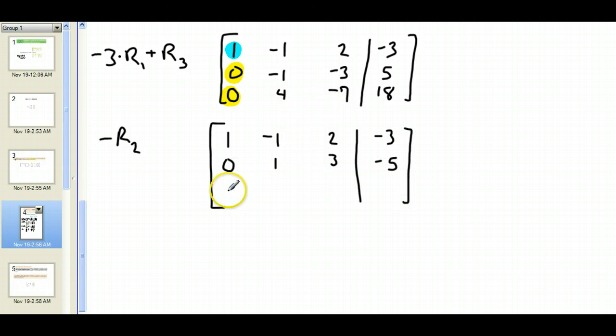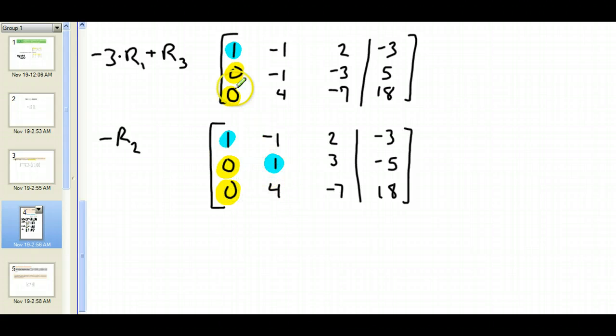Row 3 is not going to be affected because we're not doing anything to row 3, we're just doing it to row 2. And now we've got a 1 here, we've got a 1 here, we've got 0 here, and 0 here.